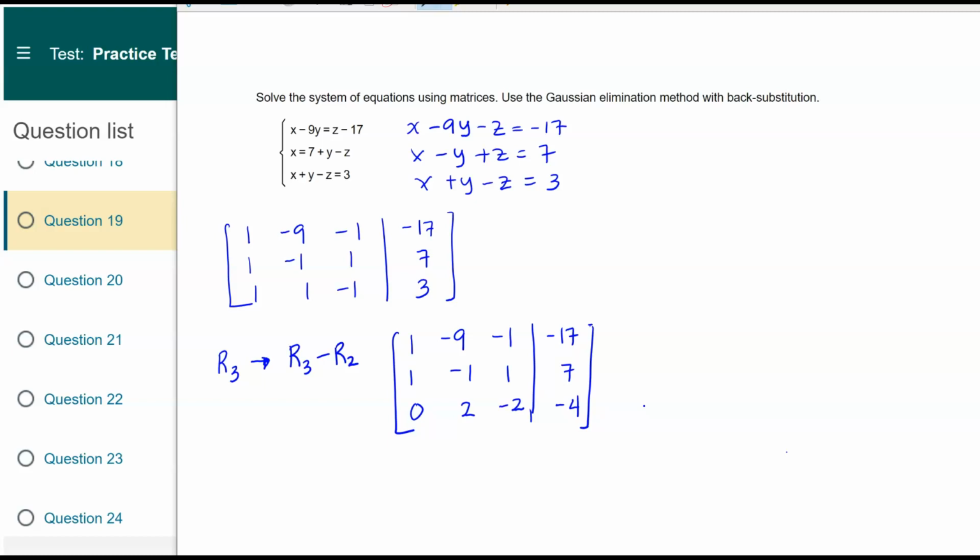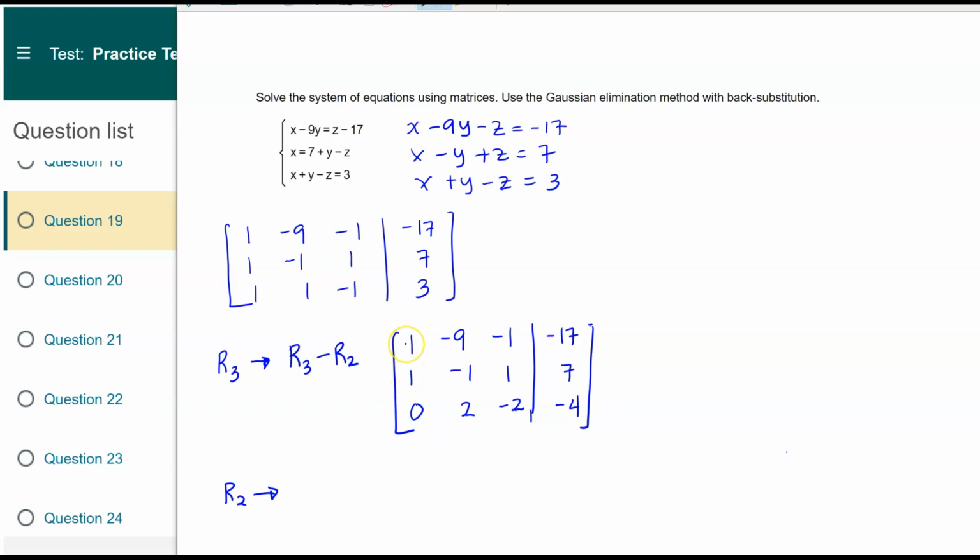After this, you want this term here to be 0. We can do that by replacing R2 by R2 minus R1.